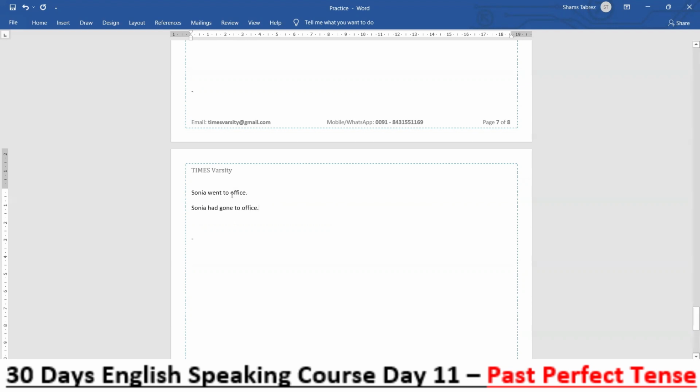Okay, so this is past indefinite tense. This is past indefinite tense, right? And this is past perfect tense.